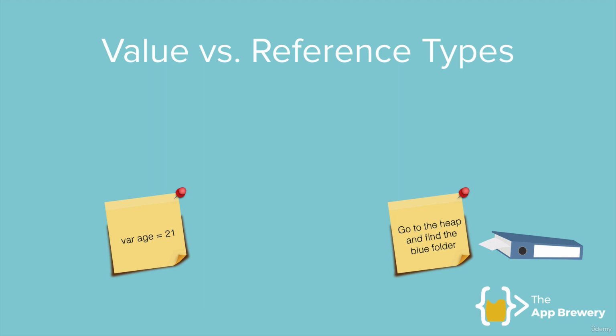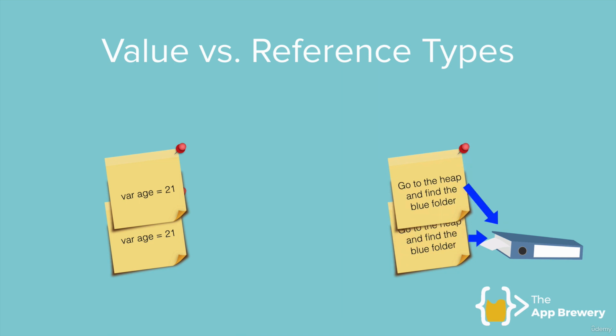Now, remember how we said that structs were value types and classes were reference types? And when I create a new copy of a struct, I just copy over the values to a new thing. But when I copy a reference type, then I simply create a new reference to the same thing. And the actual object is not copied at all.